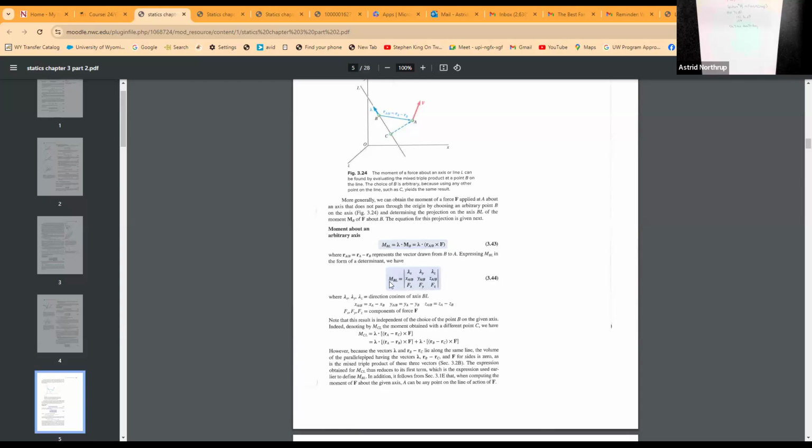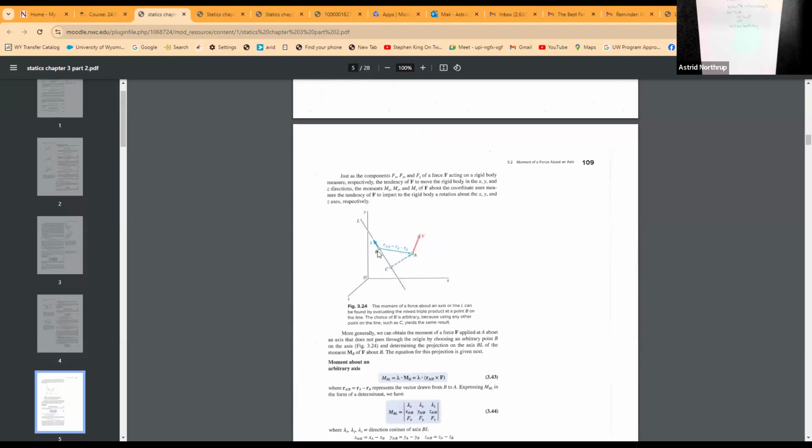So if you look at this diagram, BL is the axis here, okay? And what they're saying is, if you apply a force at point A that has a magnitude of F, what piece of that is going to create a rotation about the axis that goes through point B and point L?